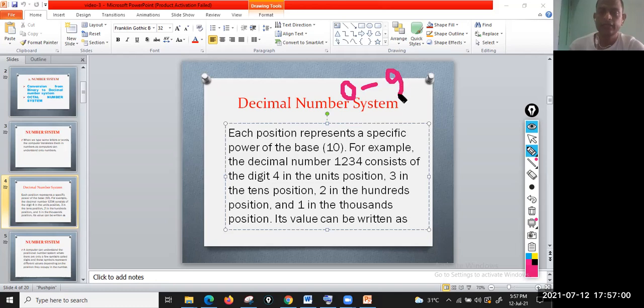For example, the decimal number 1234 consists of the digit 4 in the unit position, as you used in mathematics: ones, tens, hundreds, thousands. So 4 is in the unit position, 3 in the tens position, 2 in the hundred position, and 1 in the thousand position.